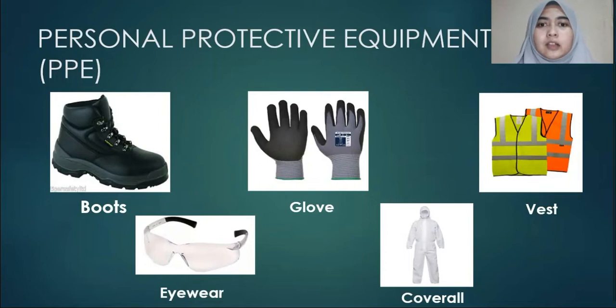Next, gloves, because when setting the part, workers will be exposed to the cutting edge. It is to avoid injury. And also eyewear is to make sure it protects the eyes from the part that has been cut off.